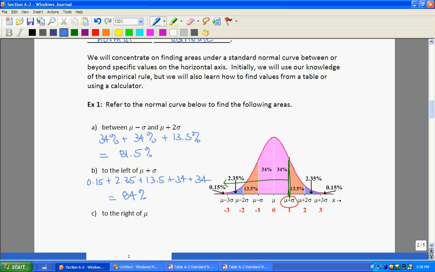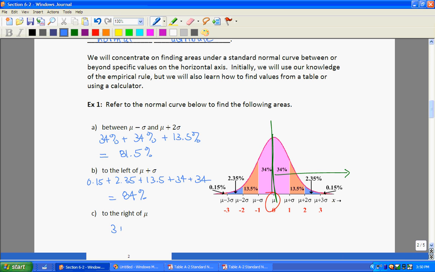And finally, to the right of mu. Well, mu is right in the middle. So here's that value there, and I want to the right of mu. That means I want all of these values here.